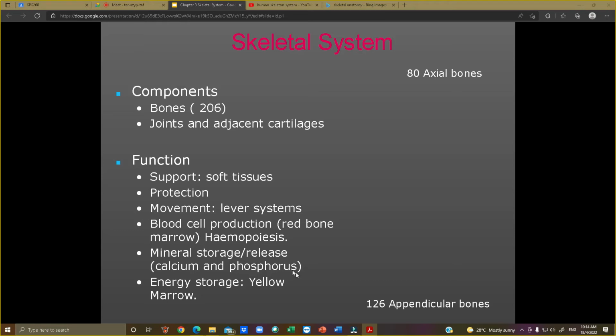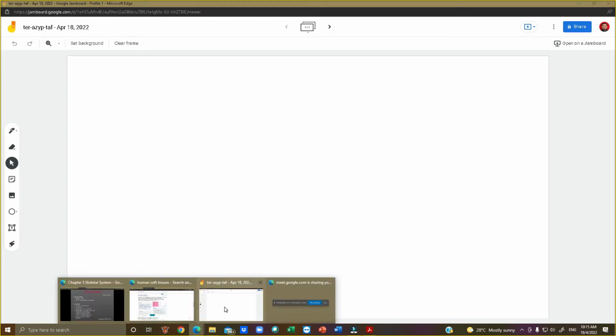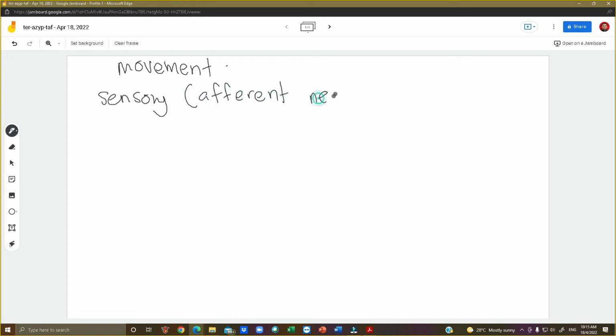Movement. Lever system. Okay, when we talk about movement ni kan, in order for us to move, this is the step needed. We have sensory or afferent neuron.